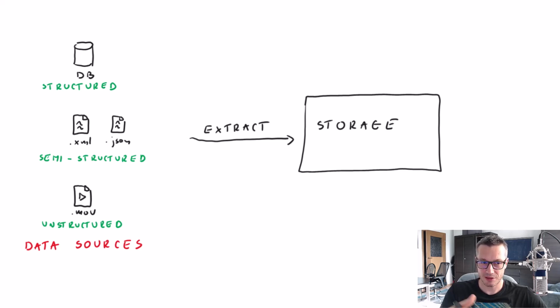But then in time, as more and more types of data started to appear, it became difficult and more time consuming to do this. So it turned out that this approach with fixed schema isn't that agile, it isn't that fast, and we need to have something different.